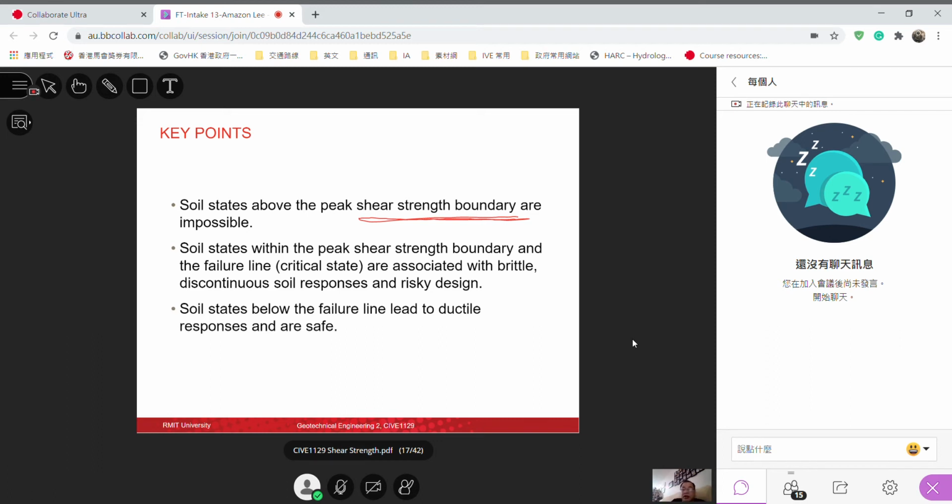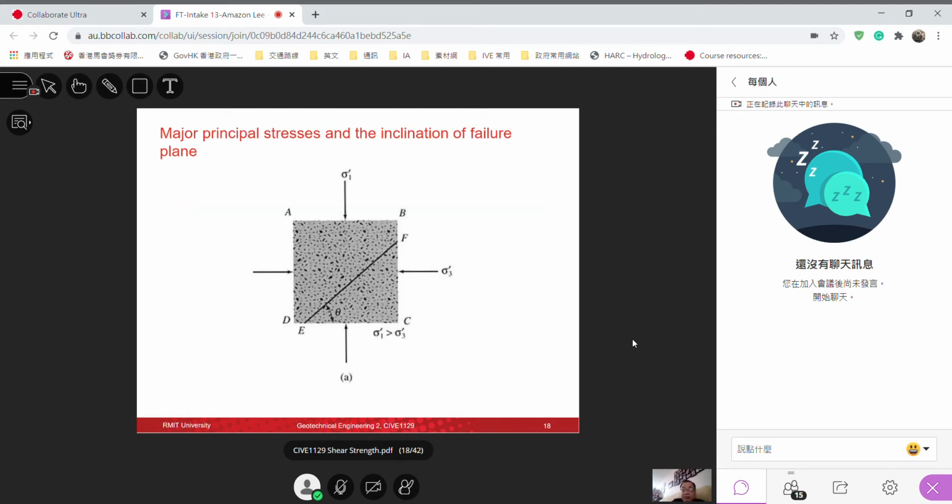Right at this boundary, the soil is at the verge of failure. If your combination of normal stress and shear stress is above this boundary, then the soil mass would fail. It's a failure line. It definitely fails. If the combination of the normal stress and shear stress is below this line, this criteria, then your structure is safe. Basically that is an important thing we are talking about.